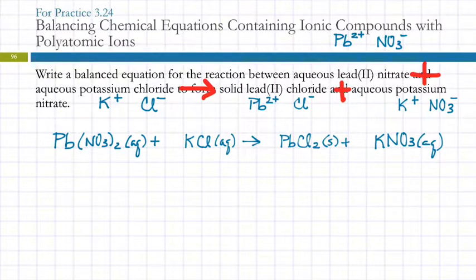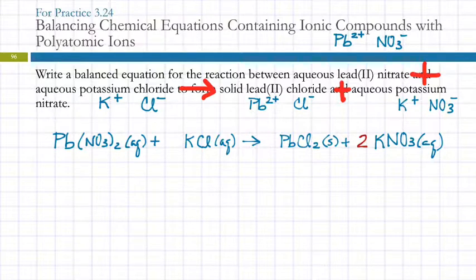So if I wanted to fix the balance on nitrate ions, what would I do? I need more nitrate ions over here, right? So I'm going to put a 2 here. Because now on the left side of the arrow there are 2 NO3s, and on the right side of the arrow there are 2 NO3s.